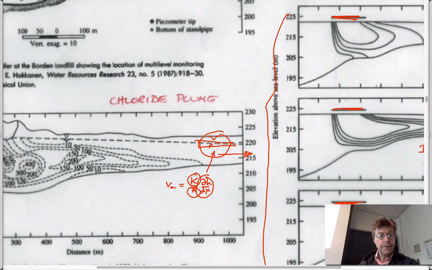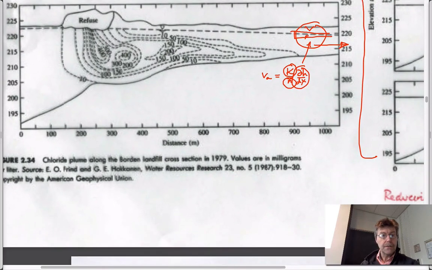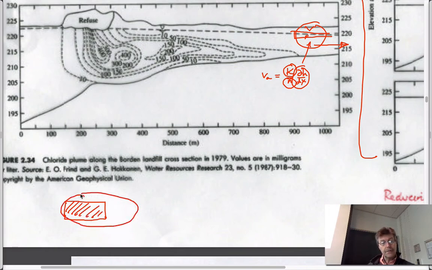If you looked in plan view at what this plume might look like, if I kind of just draw it down from here, and so this is the refuse pile that's sitting here, then you can imagine that it might look a little bit like this in plan view, that it's getting pulled downstream because of the advective velocity.